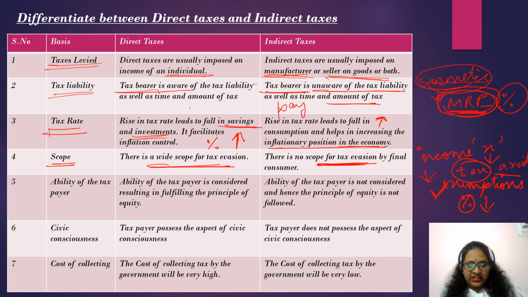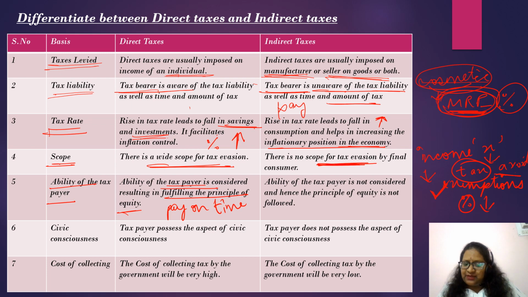Now next comes the ability of the taxpayer. In direct taxes, the ability of the taxpayer is considered, resulting in fulfilling the principle of equity. Now here, when a person is earning a certain amount of income, it is making sure that the person can pay the tax on time.